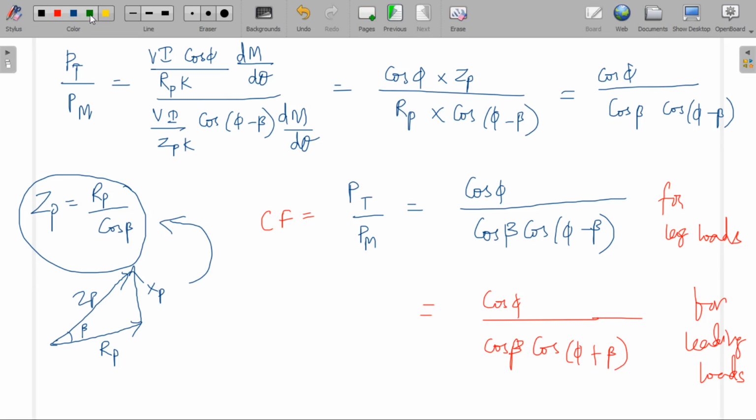Otherwise, let me draw the phasor diagram. Current leads voltage by angle phi.